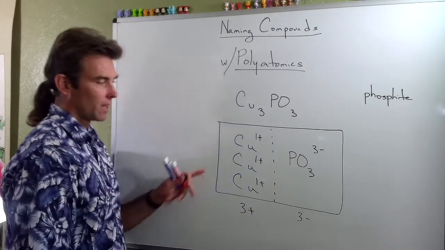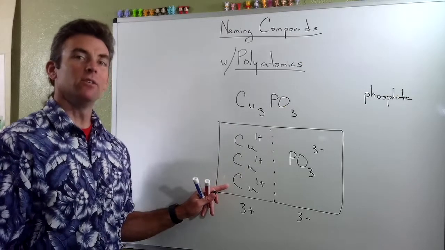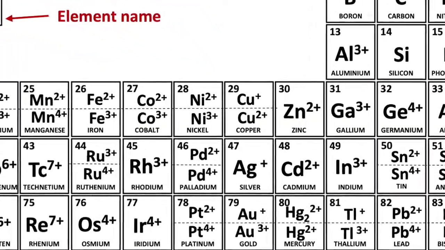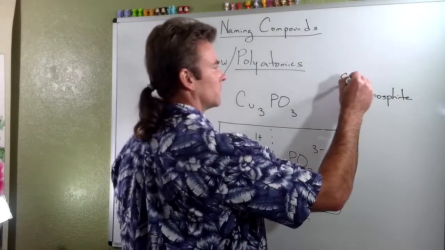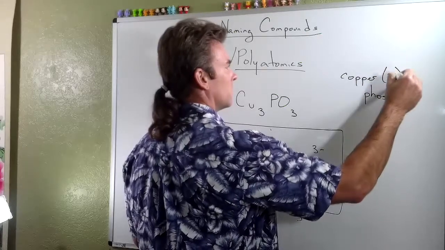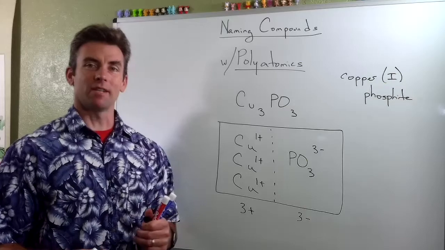And so, that being a copper, you look at the chart that I gave you, you'll notice that there's multiple charges possible for copper. This one is the 1 plus charge, so you need a Roman numeral. And the name of that is copper 1 phosphite, right?